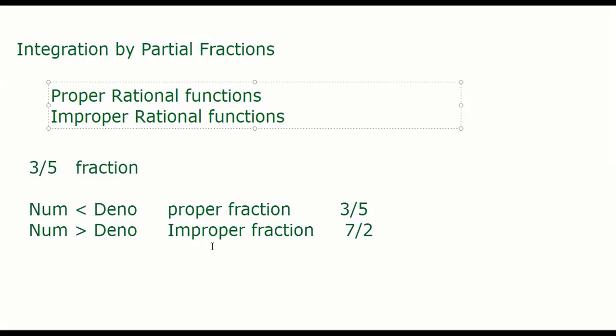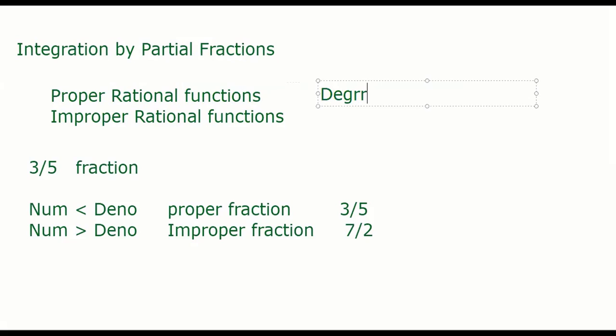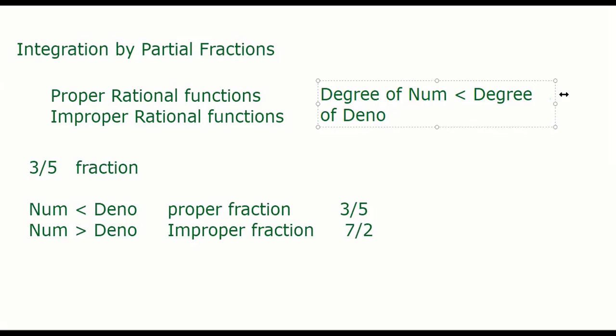Now, as we know the analogy, if the numerator is smaller than the denominator, we call it a proper fraction. Similarly, here we say if the degree of the numerator is less than the degree of the denominator, same analogy, it becomes a proper rational function.